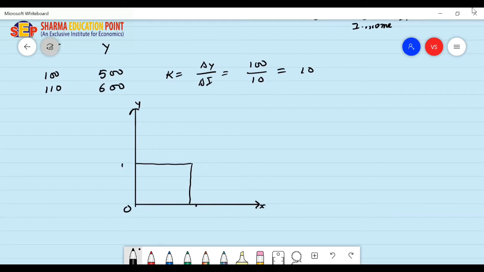Now investment changes to this level. As a result, income changes more than investment. This is Y and Y1, this is I and I1.